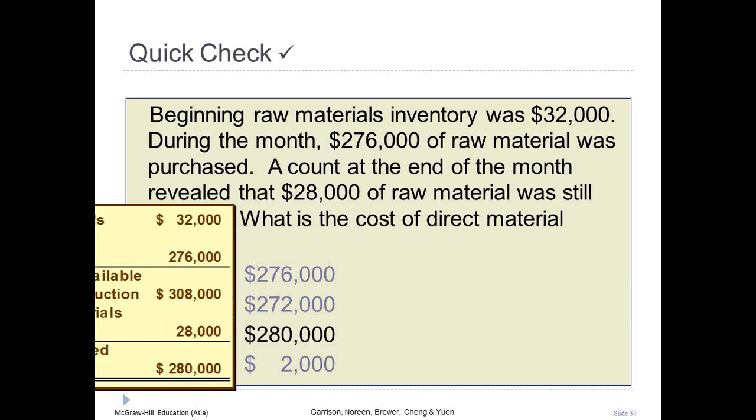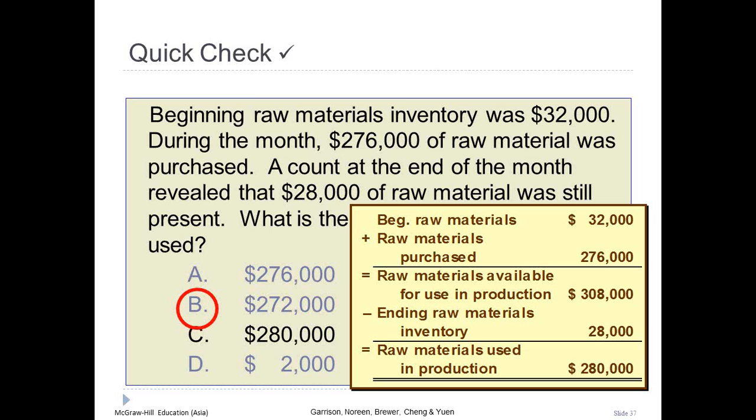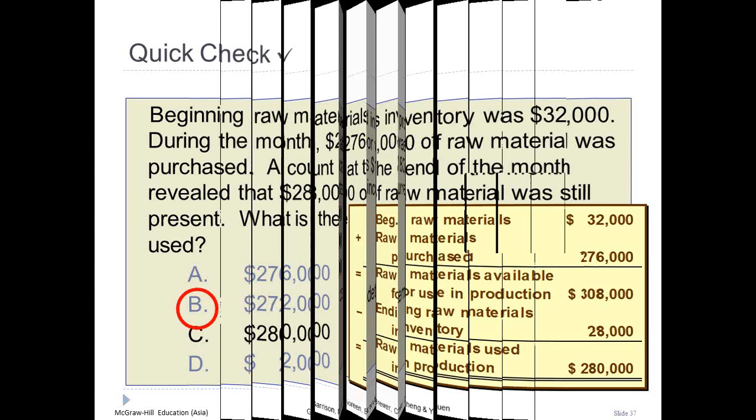Even though the circle is on B, it should be C. Direct materials used in production total $280,000.